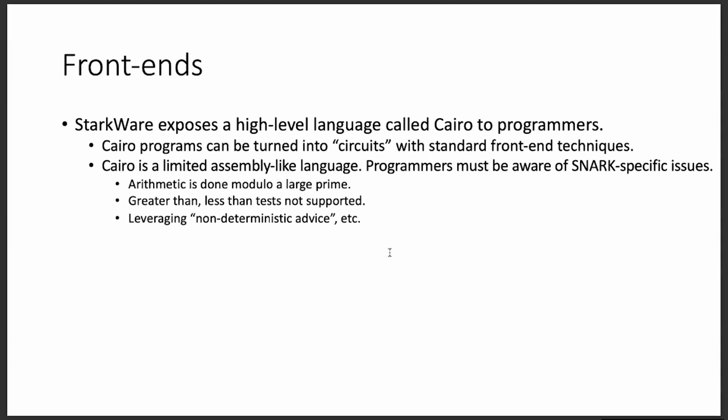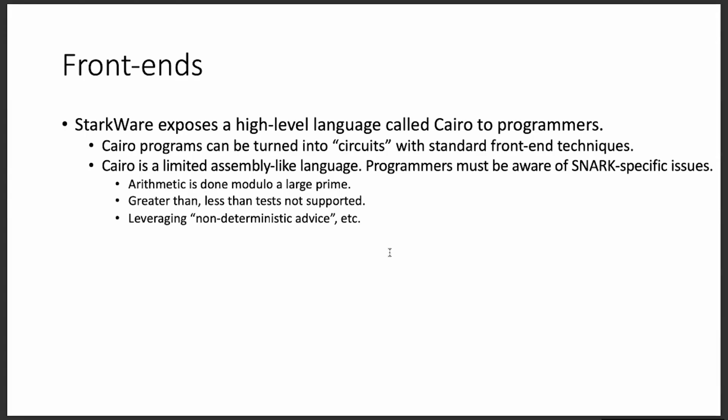The programmer has to be aware of many SNARK-specific issues, and there are limitations. For example, all arithmetic in Cairo is done modulo a large prime, and greater than and less than integer inequality tests are not supported. I believe the programmer has to leverage what's called non-deterministic advice, which takes advantage of the fact that you're dealing with a circuit satisfiability instance and not a circuit evaluation instance.